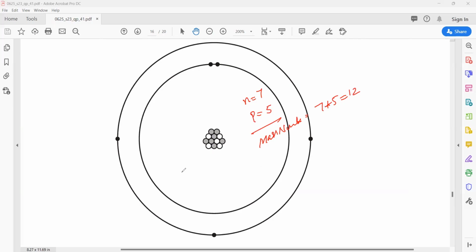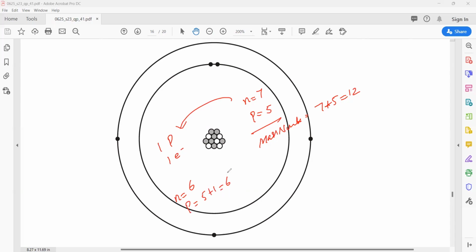If one neutron converts into one proton plus one electron, how many neutrons are now left? 6. So how many protons will there be? 5 plus 1, 6.